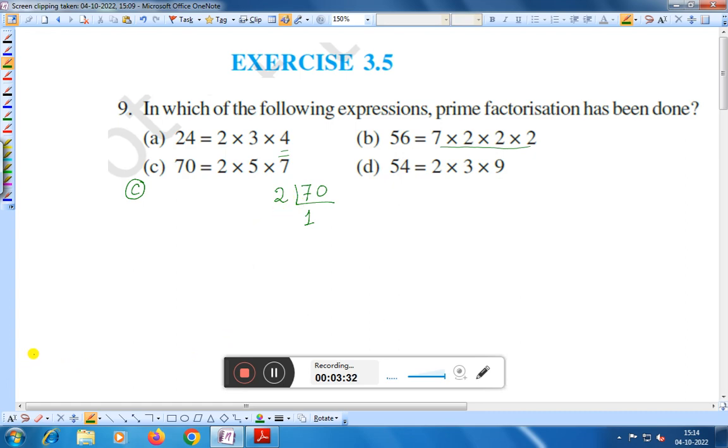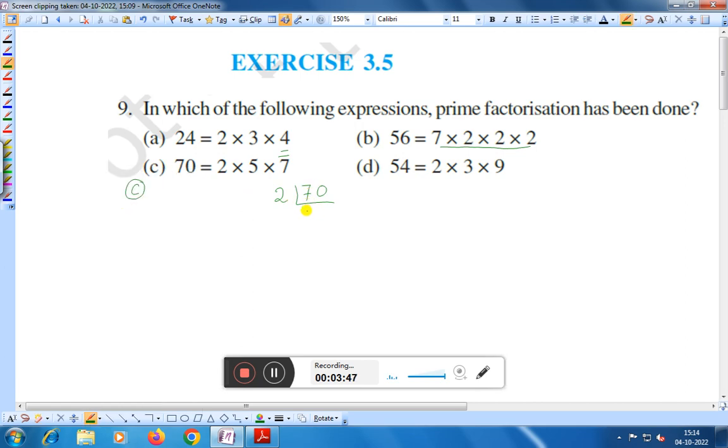Let us take the prime factorization of 70, right?